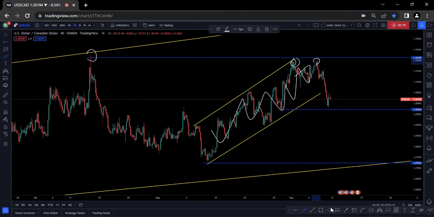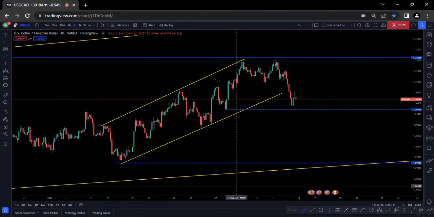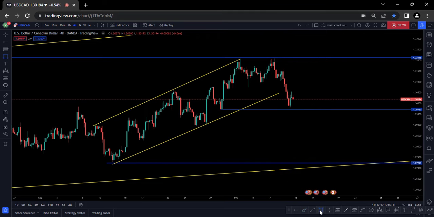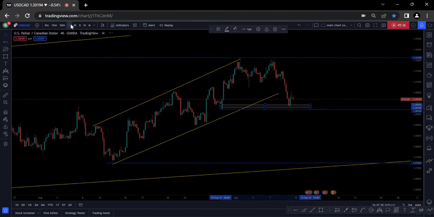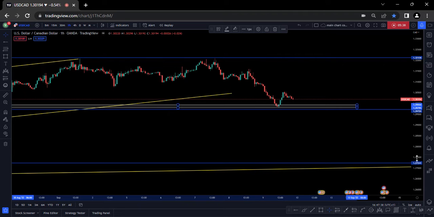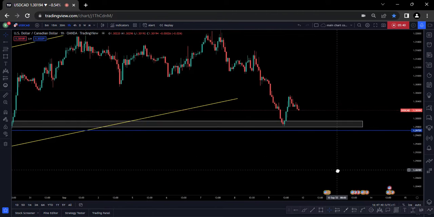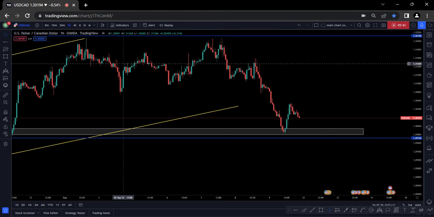It added more confluence for it to come to the downside. So around this area it made some kind of rejection, and we might be seeing how the price would react around this area.